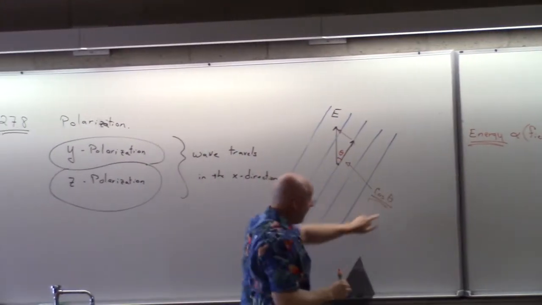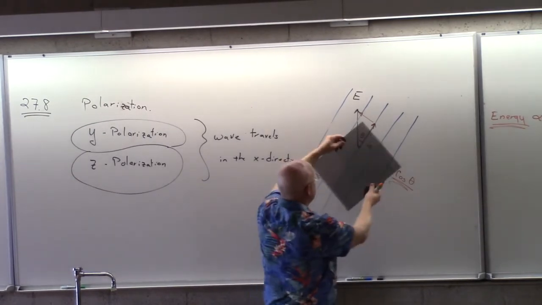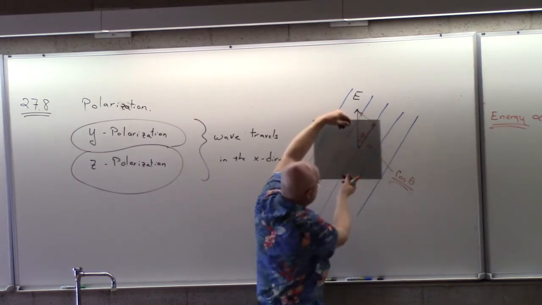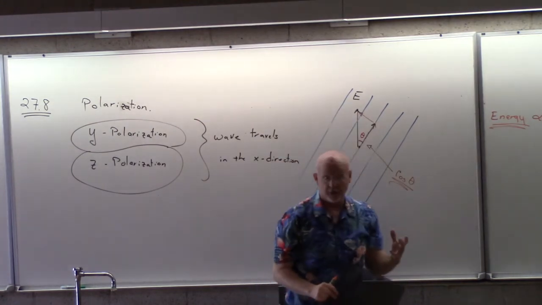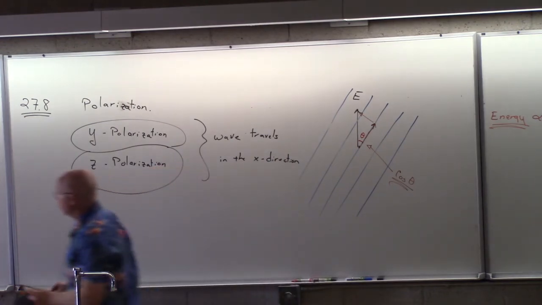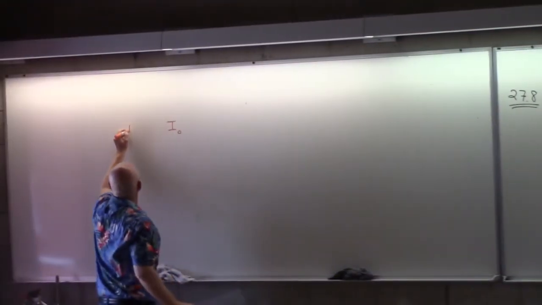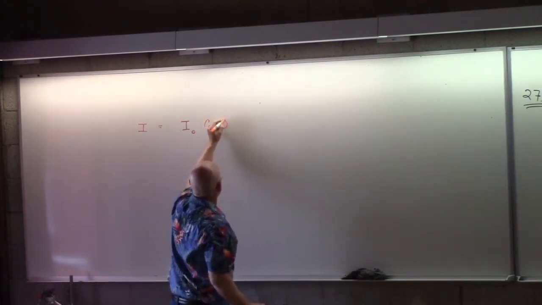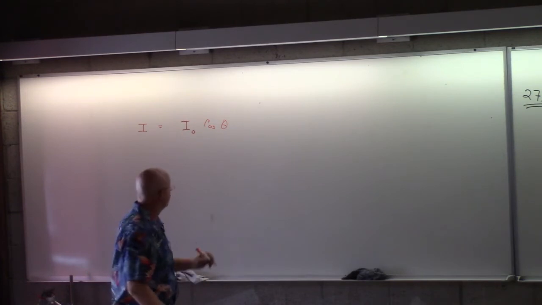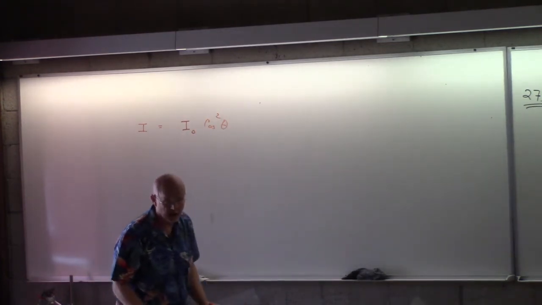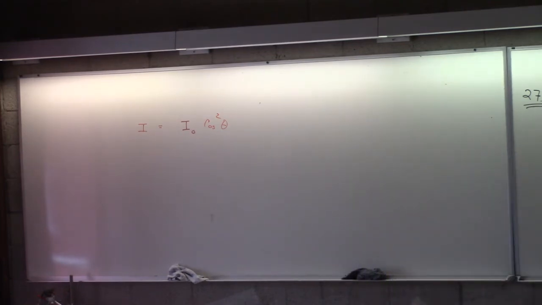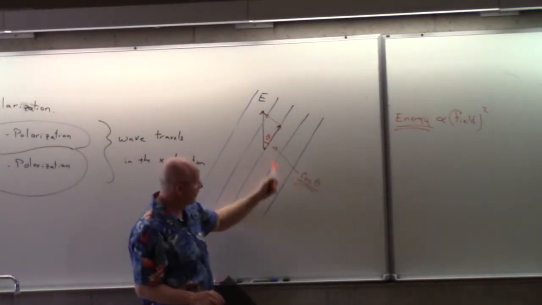depending on how I align it, depending on this angle, I can let a lot of light, a little bit of light, or if I go 90 degrees, none of the light through. And so I would say how much light comes through depends on that angle, and I would even say the square of the cosine, because using our vectors, the amount of electric field is cosine.